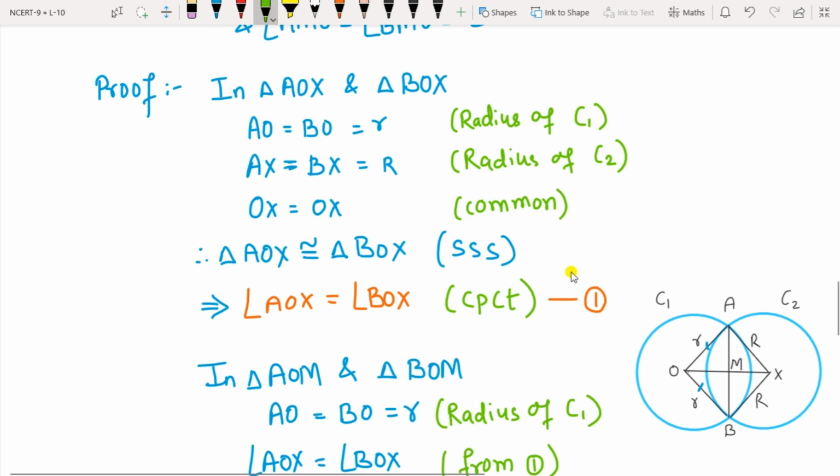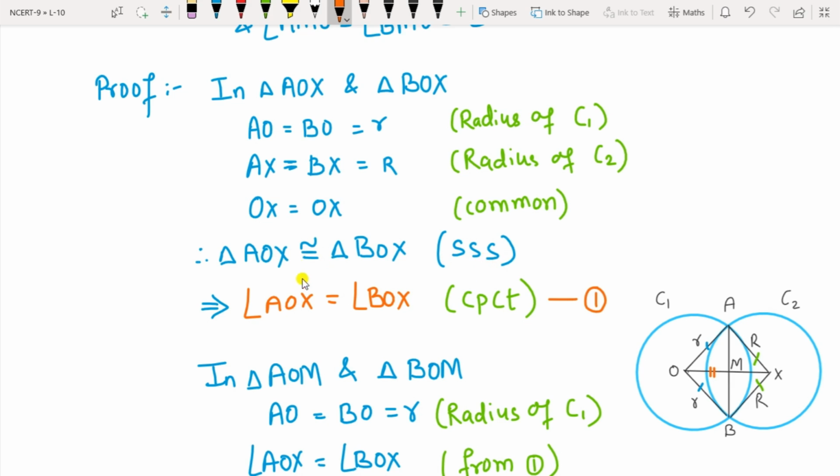Second, AX is equal to BX, the radii of the circle C2. The third is OX is common for both the triangles, and therefore these two triangles are congruent to each other by SSS axiom.